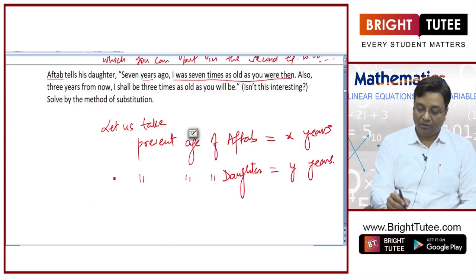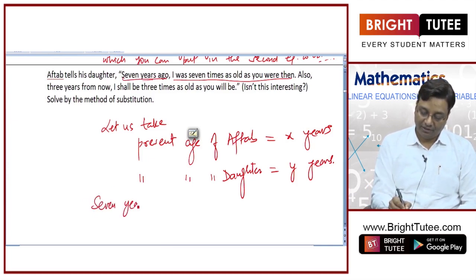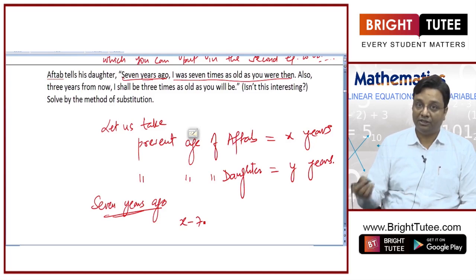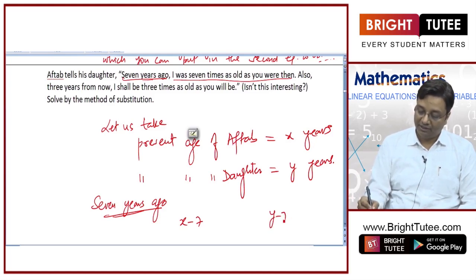Okay, now look at this situation. 7 years ago, what was Aftab's age? It was x minus 7. What was his daughter's age? It was y minus 7.